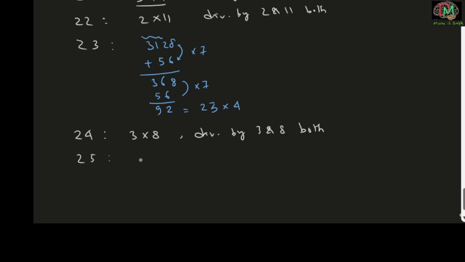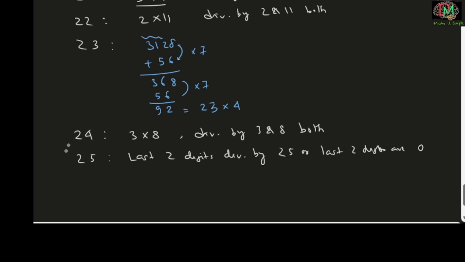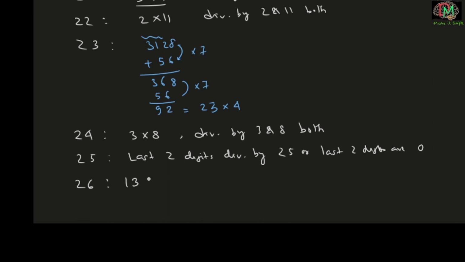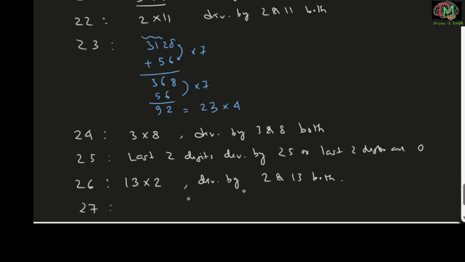We have to check whether the last two digits are divisible by 25, or if the last two digits are 0 0. For the divisibility rule of 26, we have to prime factorize it as 13 into 2. So we have to check divisibility by both 2 and 13.